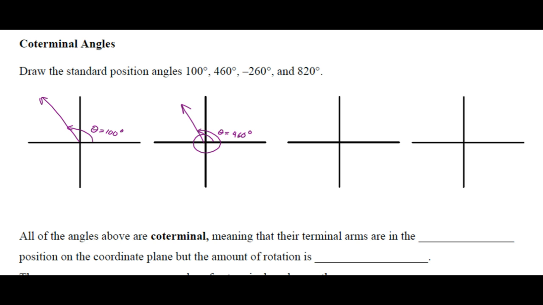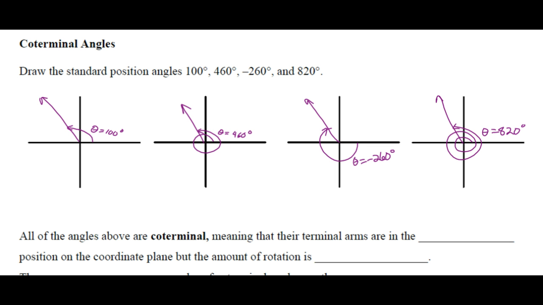Negative 260: negative 90, negative 180, that'll be negative 270, so I'm going to stop there. Negative 260 degrees. 820: how many in 2 rotations? So 360, 720, and then we'll have to go another 100. There's theta is 820 degrees.